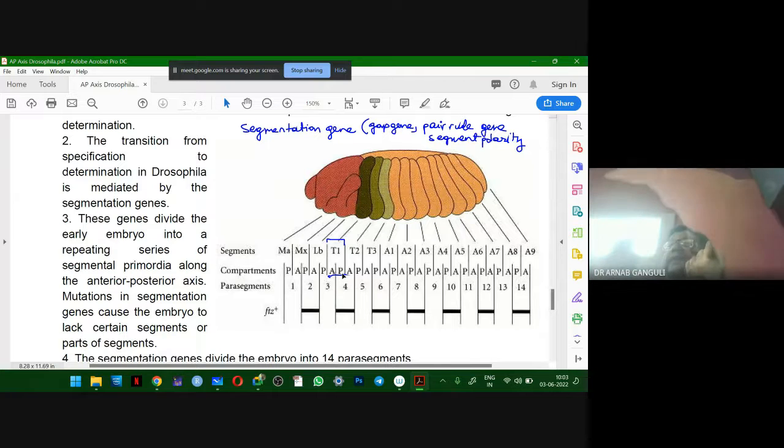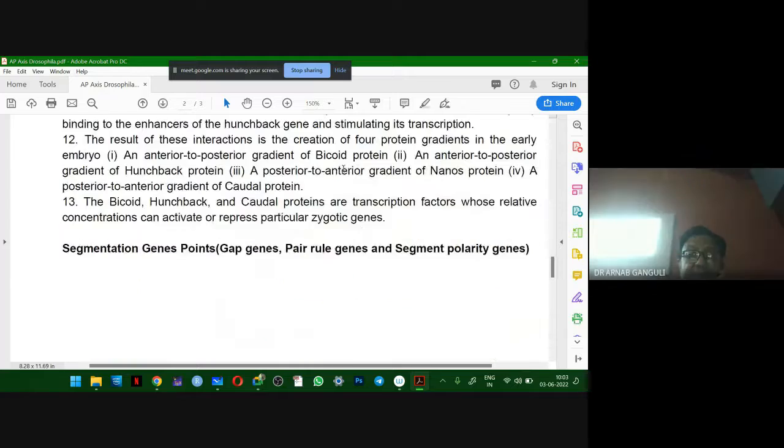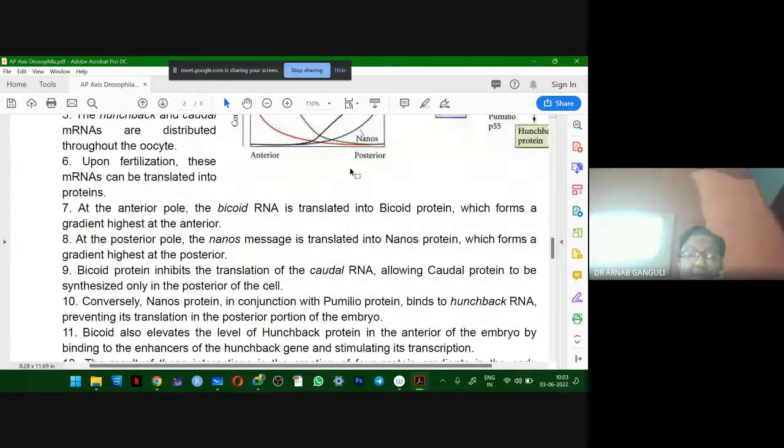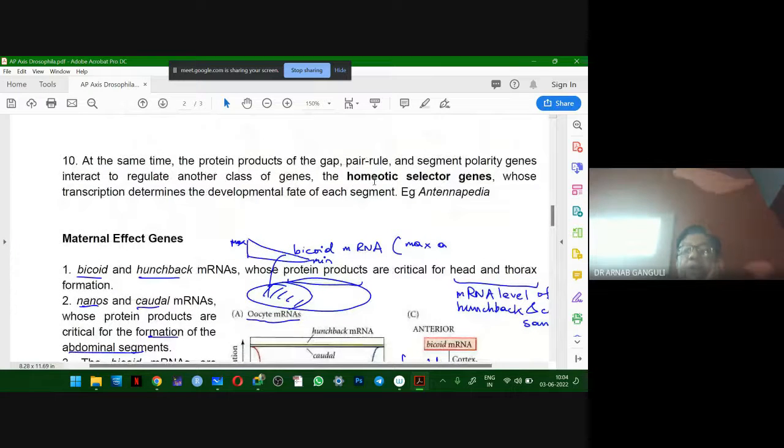At the same time, when the segment polarity genes work, another group of genes known as homeotic selector genes are expressed. When these homeotic genes are expressed, their transcription determines the developmental fate of each segment.